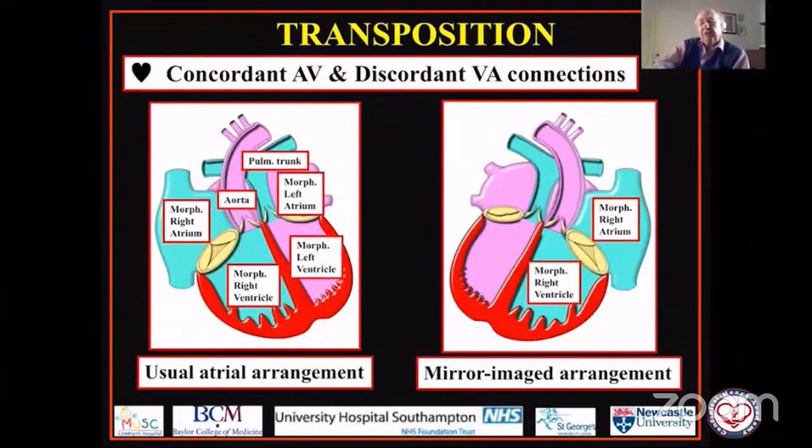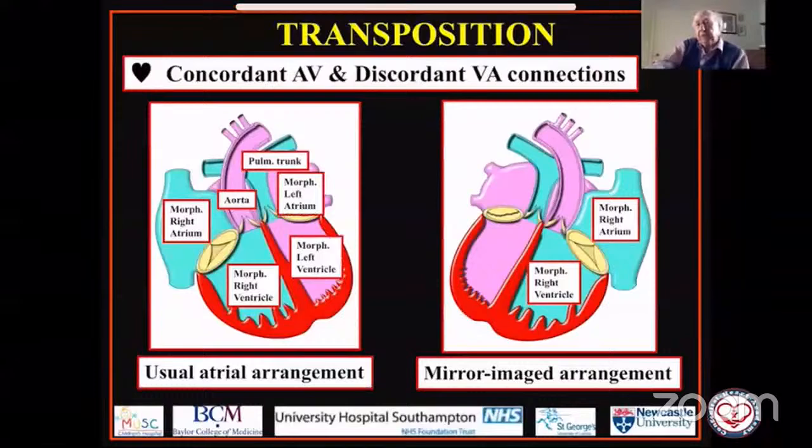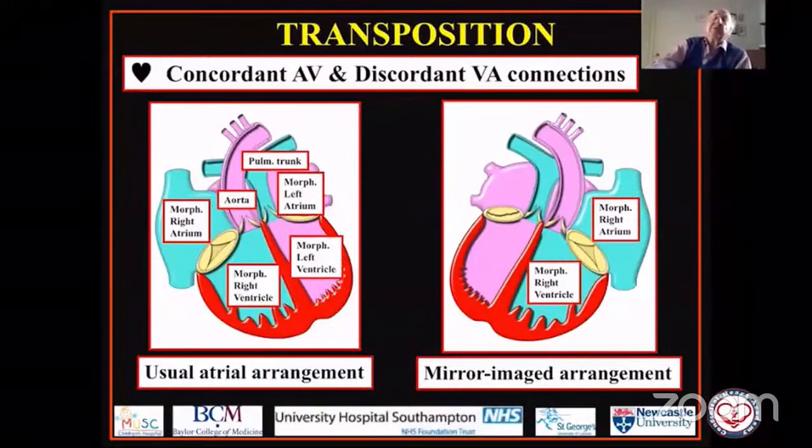atrioventricular connections. So because we have concordant atrioventricular connections, the morphologically right atrium is now connecting to the morphologically right ventricle, but the morphologically right ventricle is left-sided. So now we have left-handed ventricular topology.